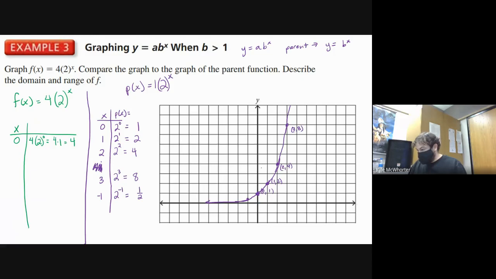Over 0, up 4. That makes sense because this is supposed to be our y-intercept. When x is 1, we're doing 4 times 2 to the 1. 2 to the first power is just 2. 4 times 2 is 8. So we get the point 1, 8.